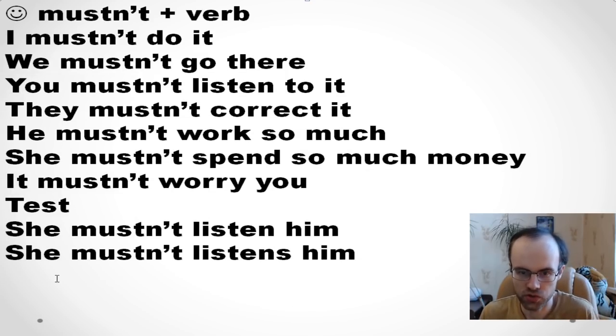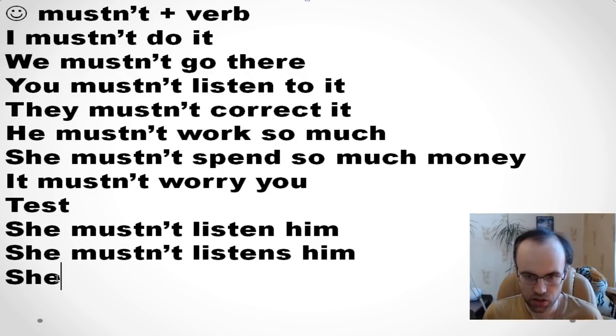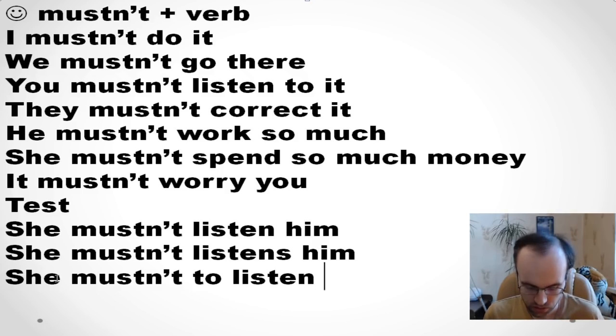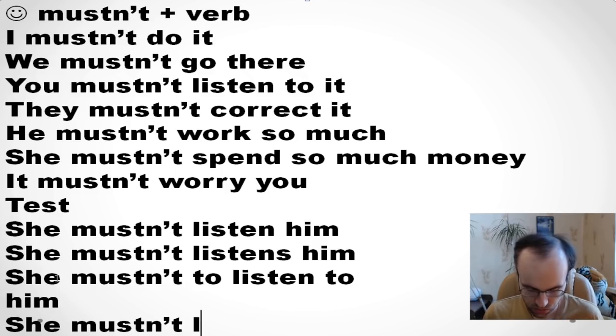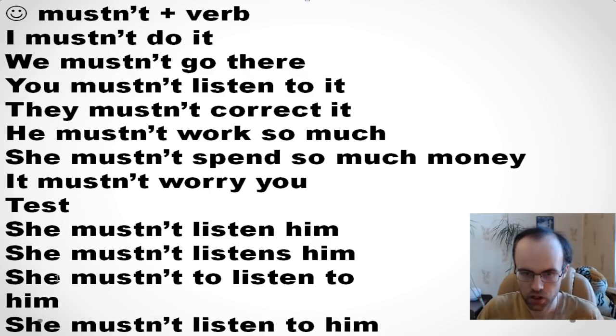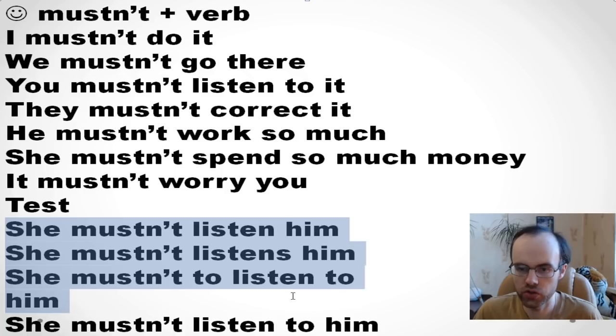Please choose the correct sentence. Or she mustn't to listen to him, or she mustn't listen to him. Okay, so you see 4 sentences.